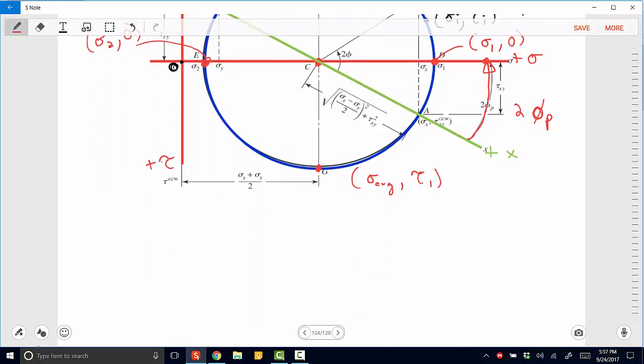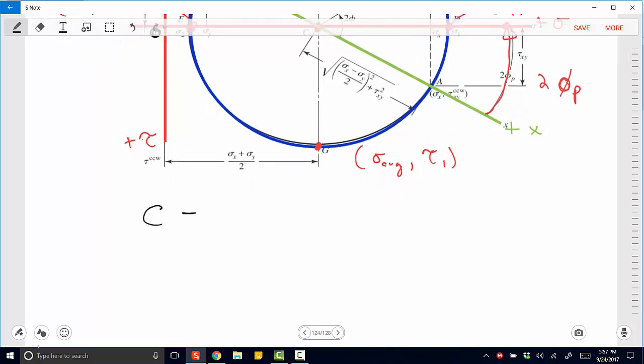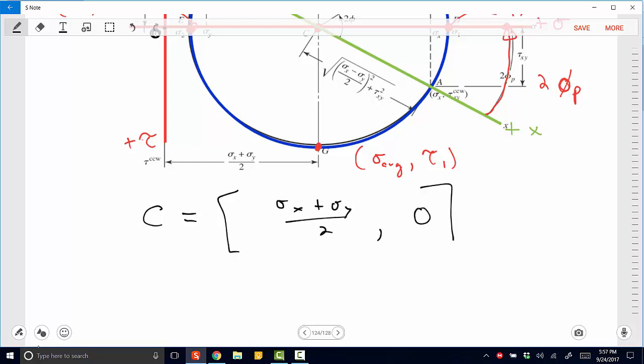Now, there are 2 equations that we can introduce to very quickly draw Mohr's circle without going point by point and analyzing each point. The first is an equation that describes where the center of Mohr's circle is. That is simply the average stress, so sigma x plus sigma y divided by 2, and 0, because the center of our Mohr's circle always has 0 shear, right? And then we can also define the radius of Mohr's circle.